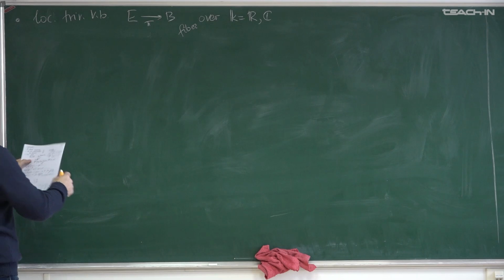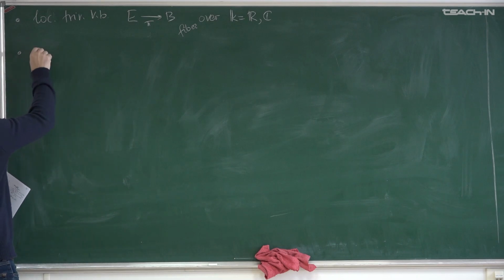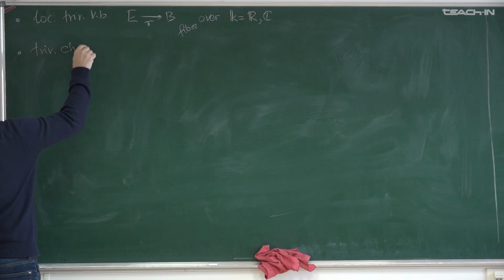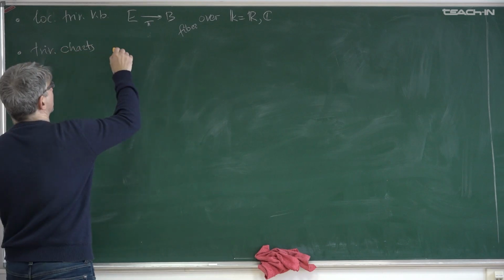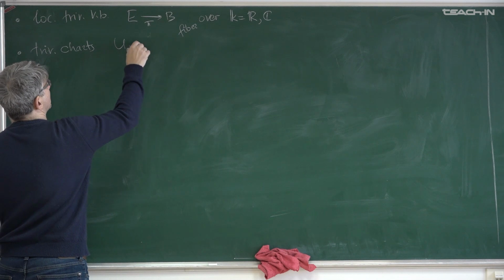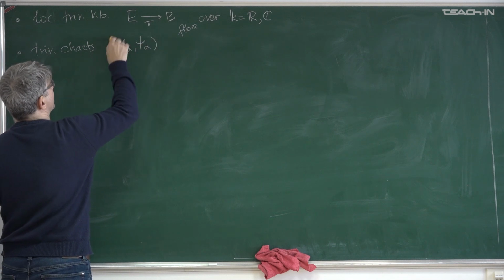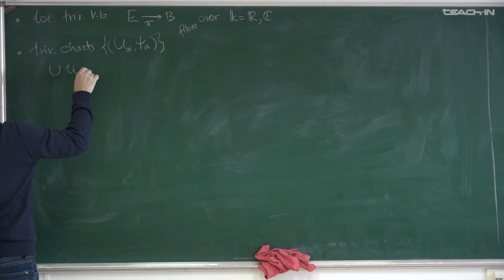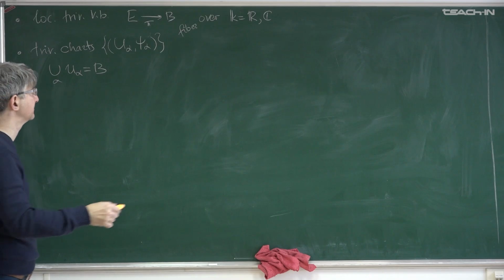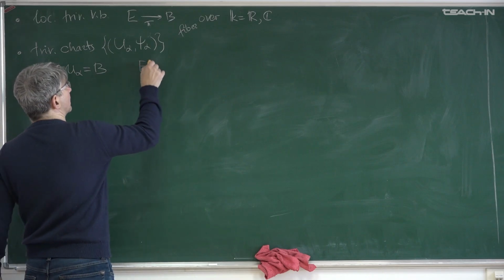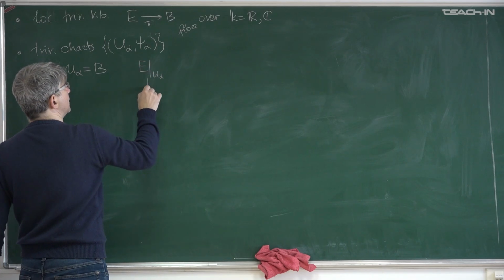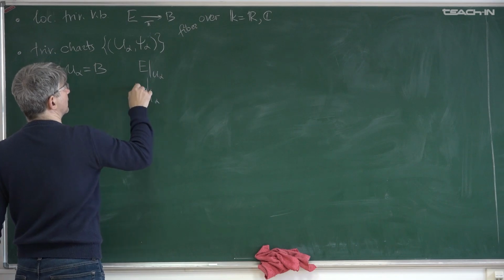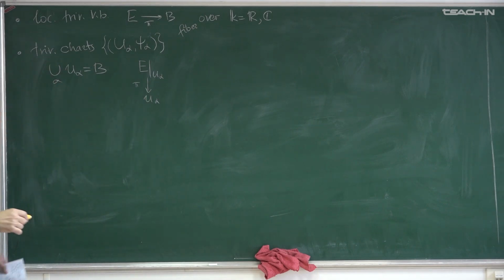Very good. So, trivializing charts. What is that? It's a cover and trivializations. U alpha is a cover of the base manifold B, and over each open set U alpha, our vector bundle is trivialized.